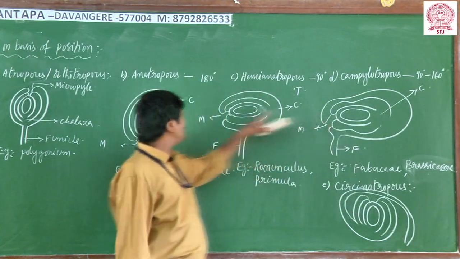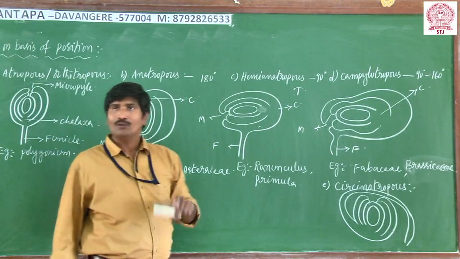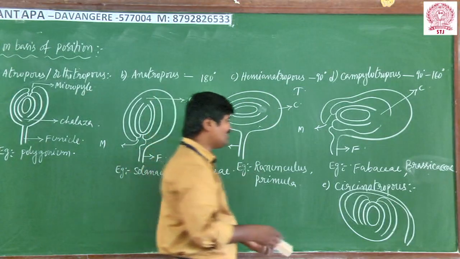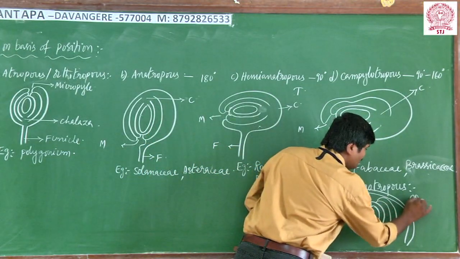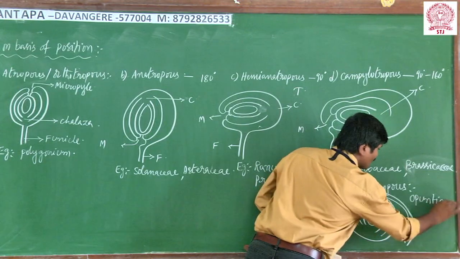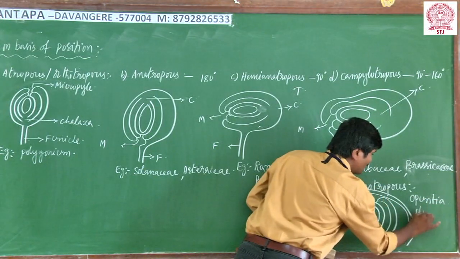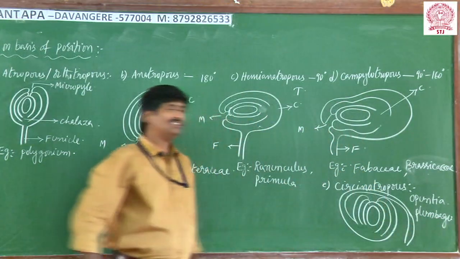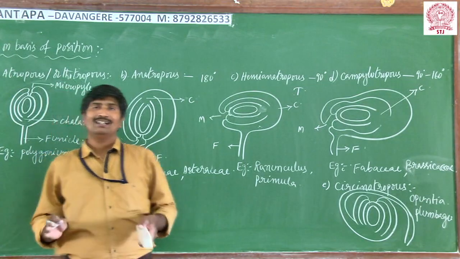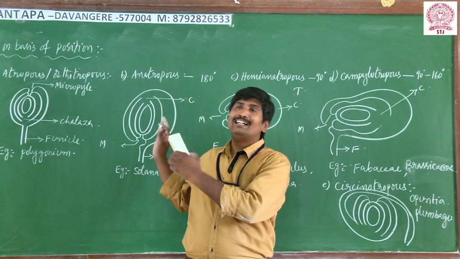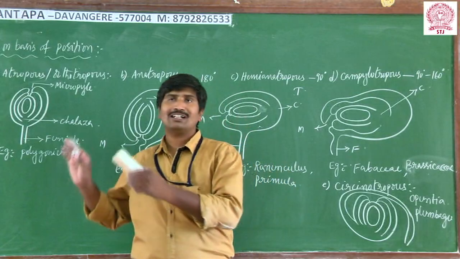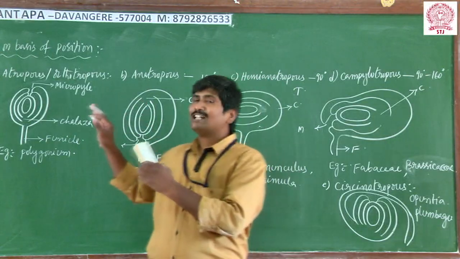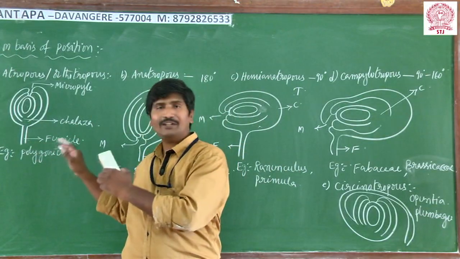Based on the position of the ovules, there are mainly 5 types, right? What are the examples here? The circinotropous ovule: Opuntia and Plumbago. These are two examples for the circinotropous ovule. Totally there are three categories of the types of ovule. First, types of ovule on the basis of the integuments. Second, types of ovules on the basis of the nucellus.